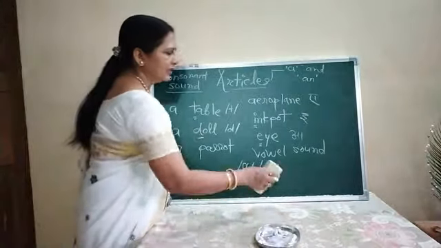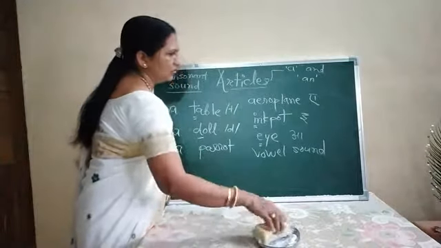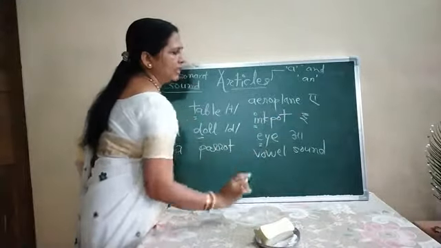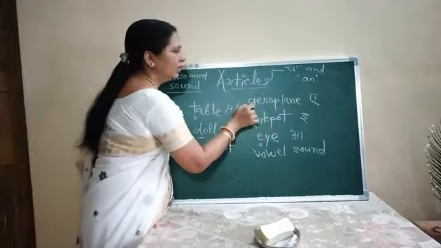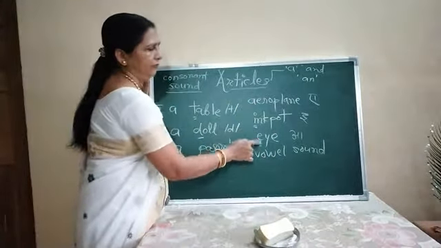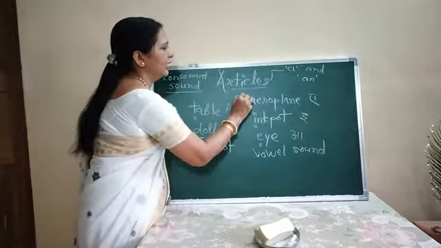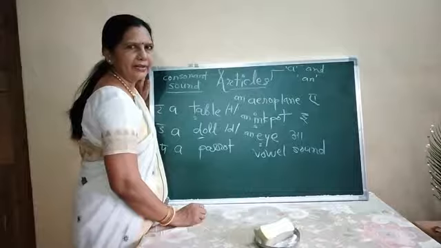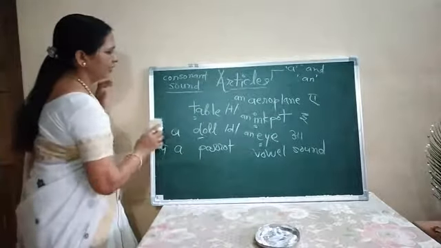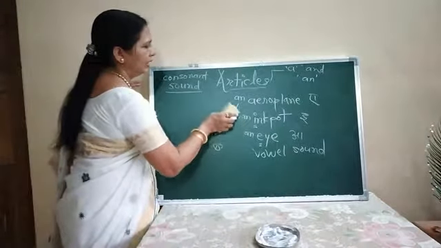So I don't want to confuse you, so I am writing here simple Marathi words. So when a noun starts with a vowel sound, then we should use the article an. It will all be clear if you look at some other examples.